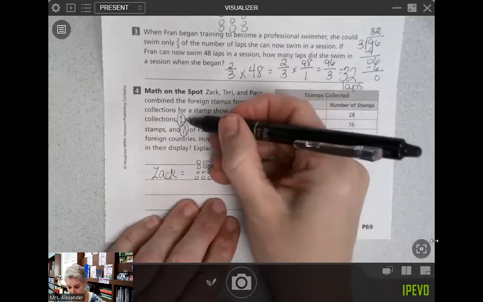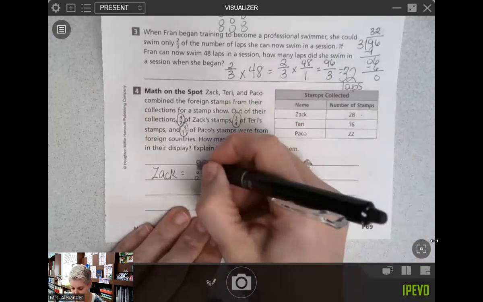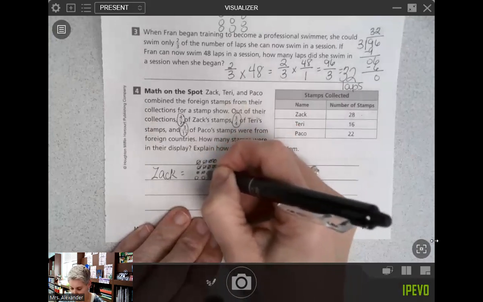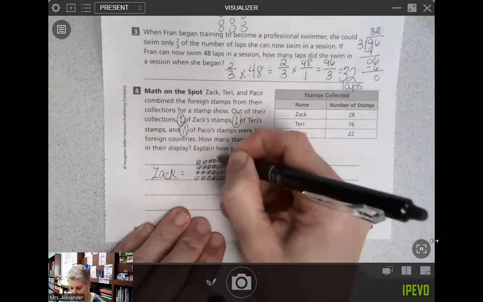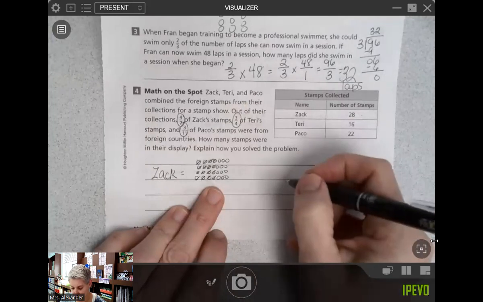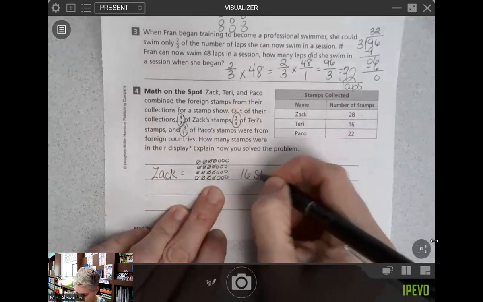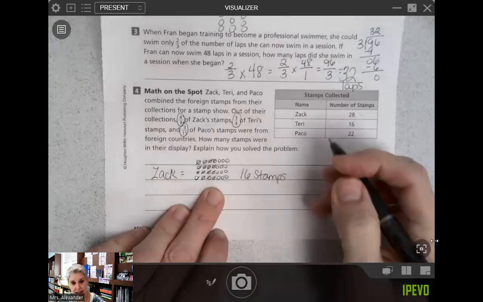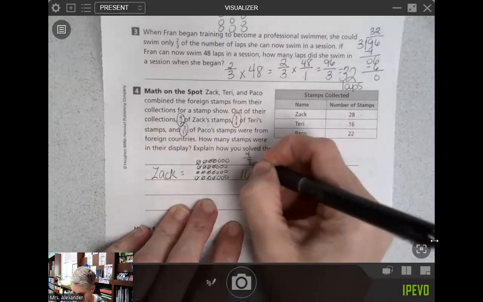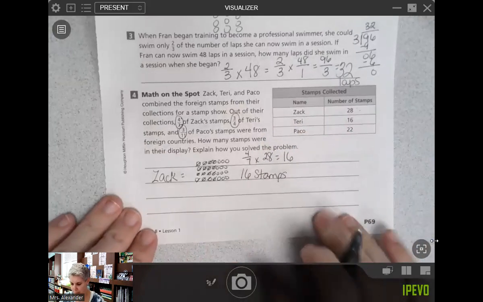So I have groups of 7 based on my denominator, 4 out of every 7. 1, 2, 3, 4 in each group of 7. So of Zach's collection, that would be 16 stamps. If I were writing out that equation, it would be 4/7 of 28, and that would give us 16 stamps.